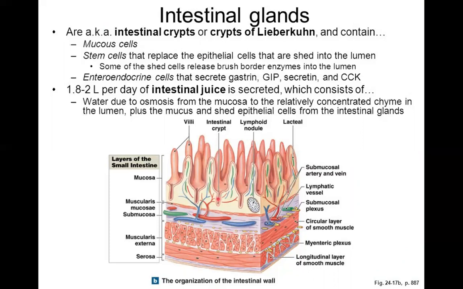The intestinal crypts او اسمها الاخر crypts of Lieberkühn. بالمناسبة البليكا سيركولاريس اسمها الاخر valves of Kerckring، خاف تجيك بالام سي كيو. valves of Kerckring هو الاسم الاخر للبليكا سيركولاريس. الintestinal crypts اسمها الآخر crypts of Lieberkühn.